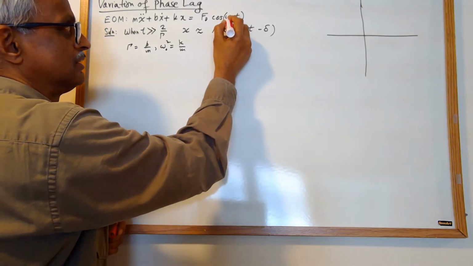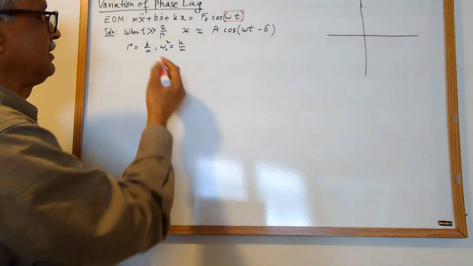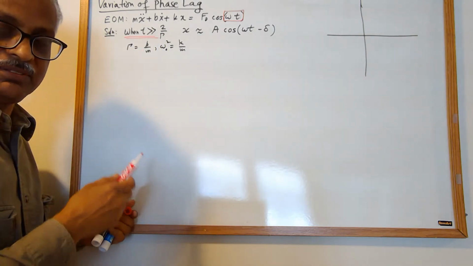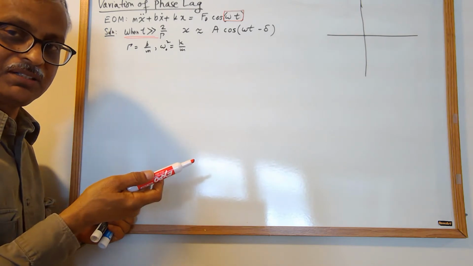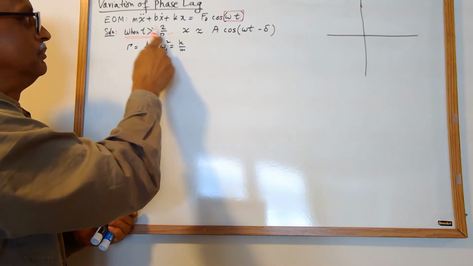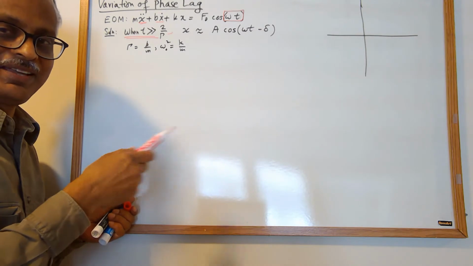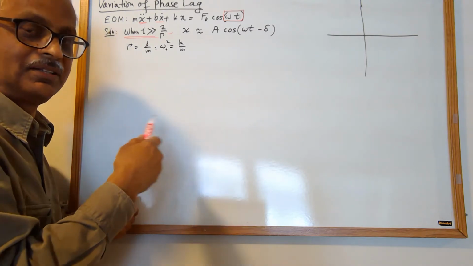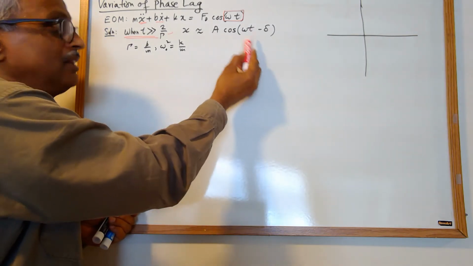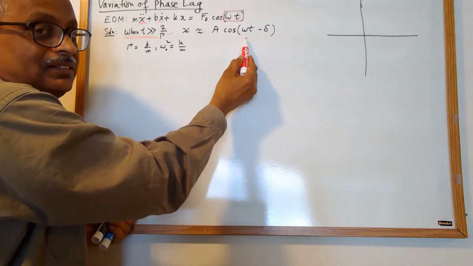This is the phase of the driving force, and in the steady state, when time has passed beyond the damping time constant 2 over gamma, the displacement forgets how it got started. All the initial conditions are gone, they are all washed away, and it just oscillates at the frequency of the driving force, but it's not going with the driving force.